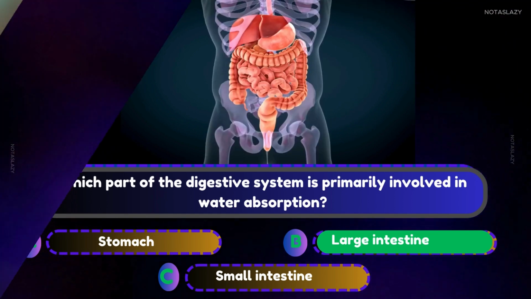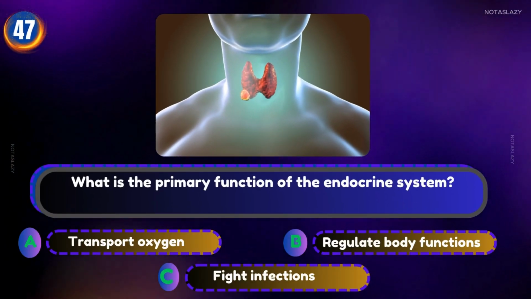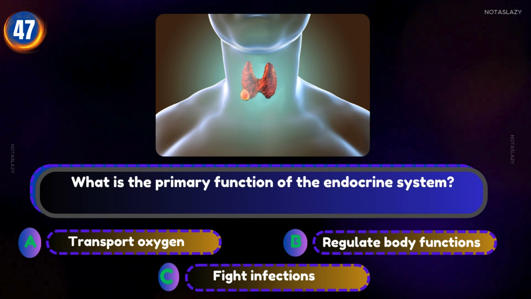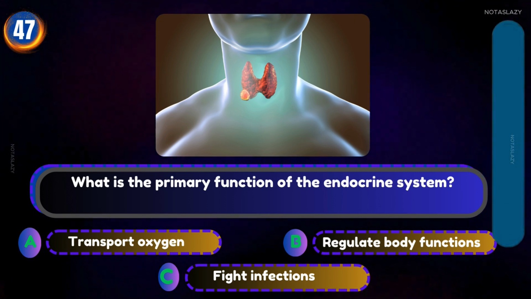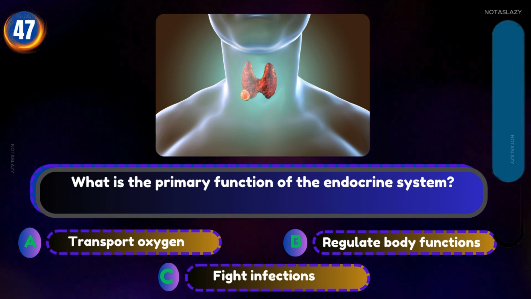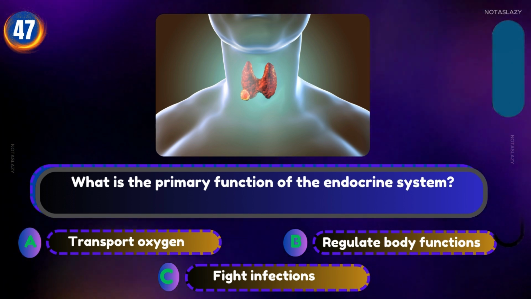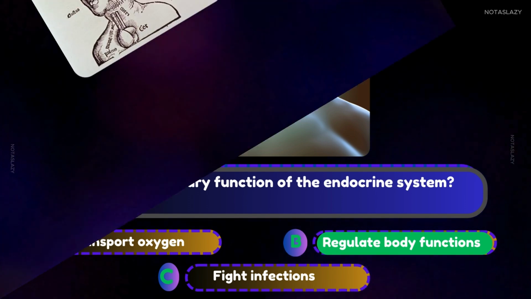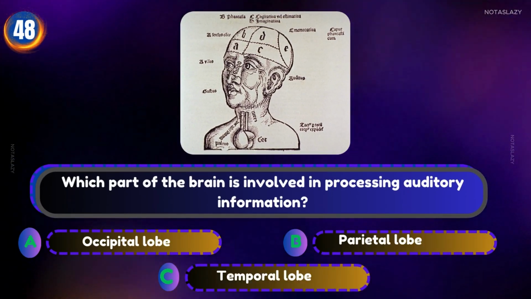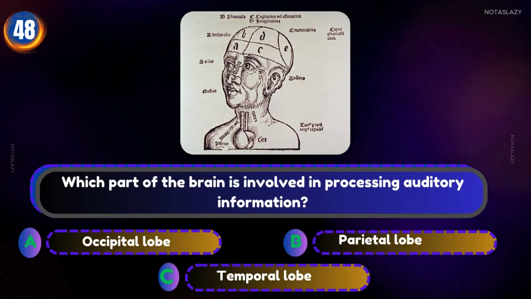Large intestine. What is the primary function of the endocrine system? Regulate body functions. Which part of the brain is involved in processing auditory information?